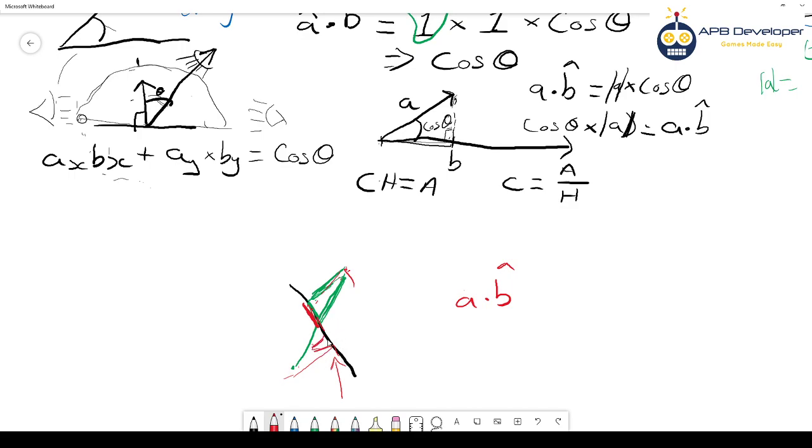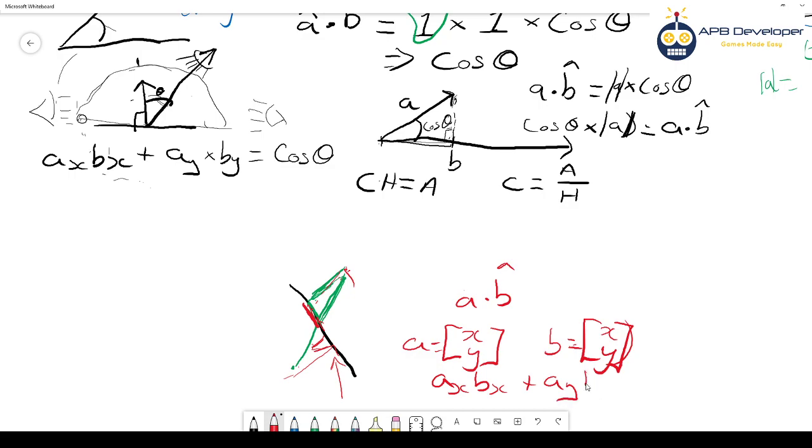Using the dot product, A dot B, where A is a 2D vector with x and y, and B is a 2D vector with x and y, the dot product is literally ax bx plus ay by. It's nice and quick.